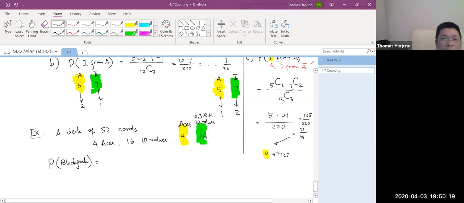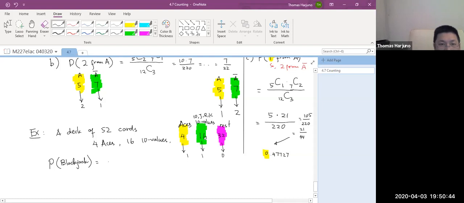And then there are the rest, 32 cards that are not aces and not 10-value. For us to get a blackjack, I need to get 1 ace and 1 10-value, and of course, nothing from the rest. I just choose 2.